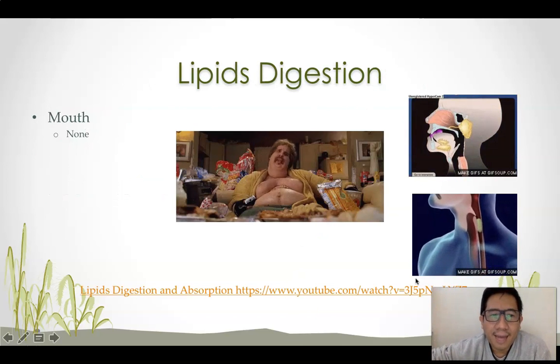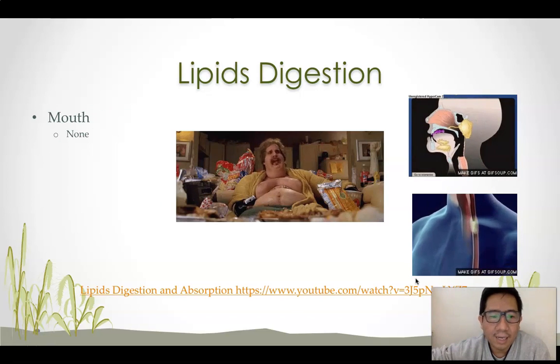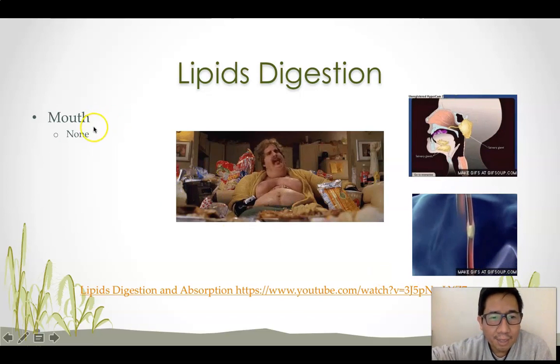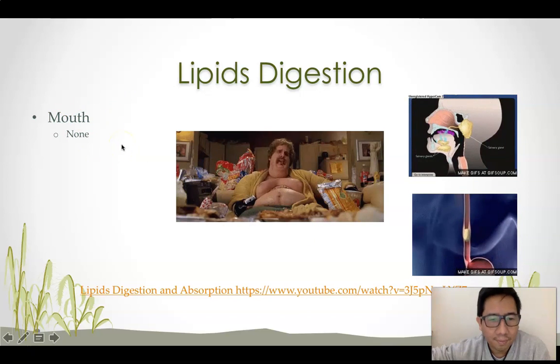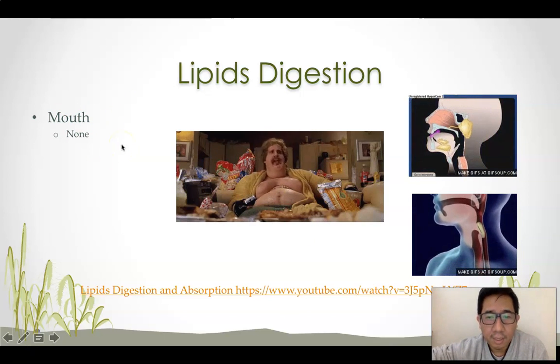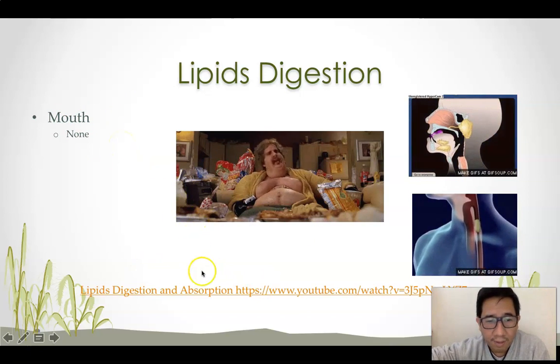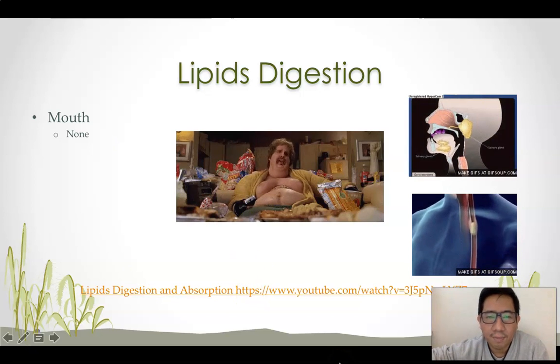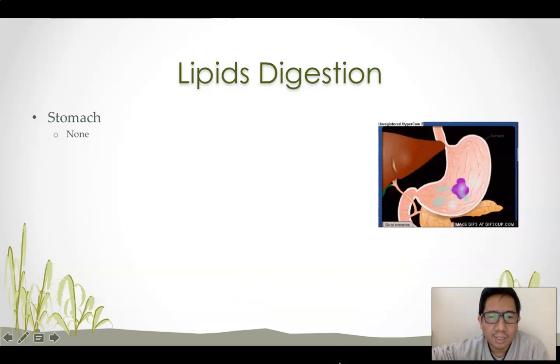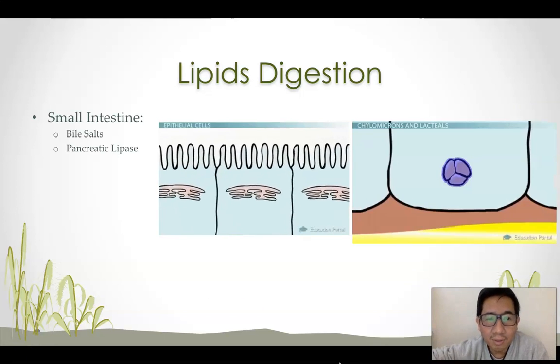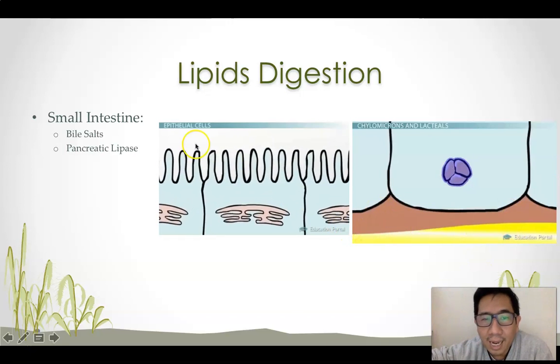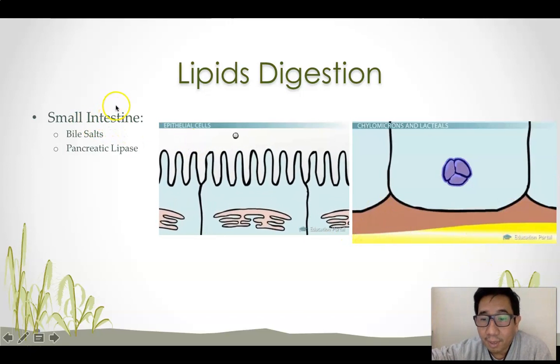Last one is fat. Okay, lipids, fat. Fat doesn't break down in your mouth whatsoever. You're welcome to watch this video, a very interesting video regarding fat digestion. Your stomach doesn't absorb any fat either. The only place that your fat breaks down is in your small intestine, and a couple of things break down your fat.